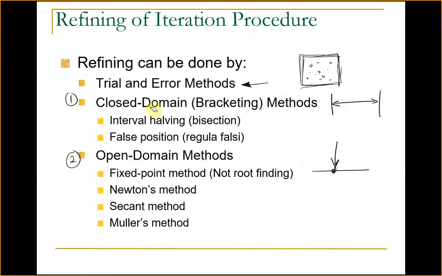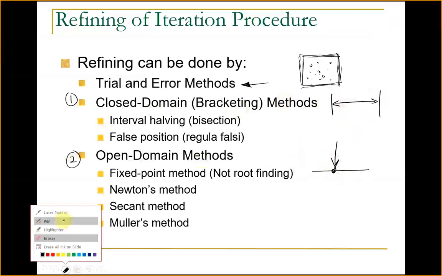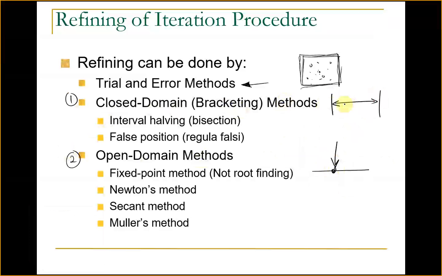So let me say that again. In the closed domain, you limit yourself between two values of x, the unknown we are solving for. Closed domain says x is between here and here. These 2 points become your initial guess. The range is your initial guess. While in the open domain, a point is your initial guess. Alright?